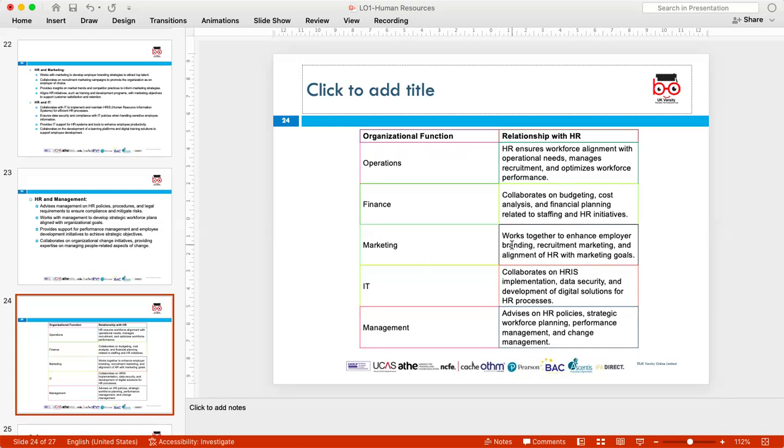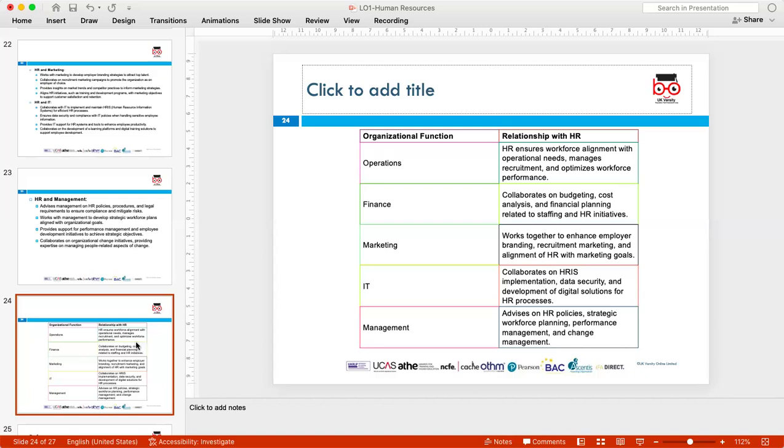Marketing: work together to enhance employer branding, recruitment marketing, and alignment of HR with marketing goals. IT: collaborate on HRIS implementation, data security, and development of digital solutions for HR processes. Lastly, management: advises on HR policy, strategic workforce planning, performance management, and change management.